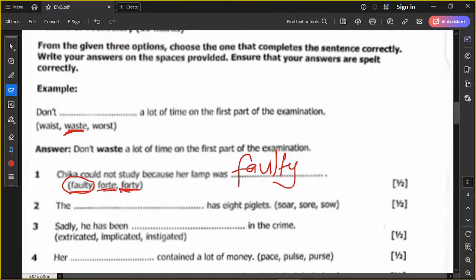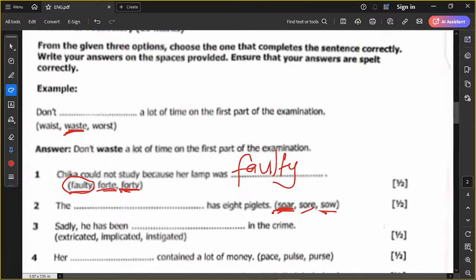Let's go to question 2. Question 2 is, The dash has 8 piglets. We have three similar-sounding words. This one is usually meant when someone is raising up, it can be in financial or in any activity that you are doing.